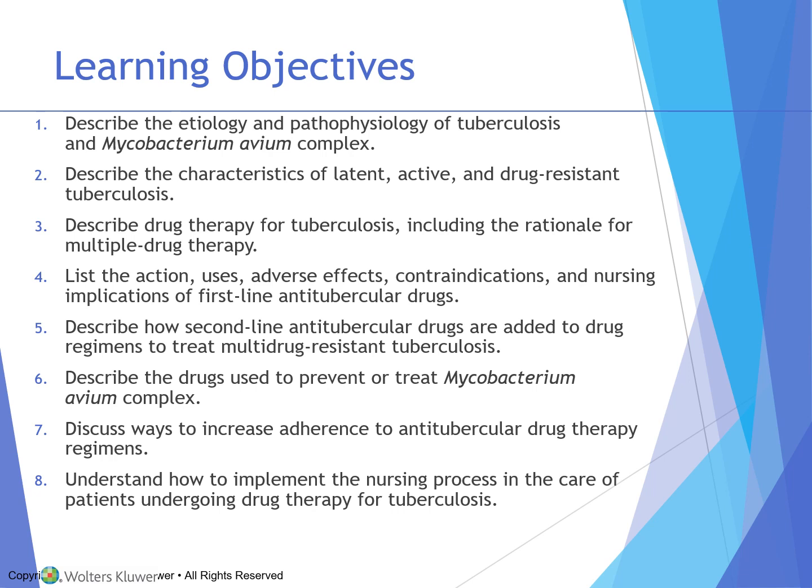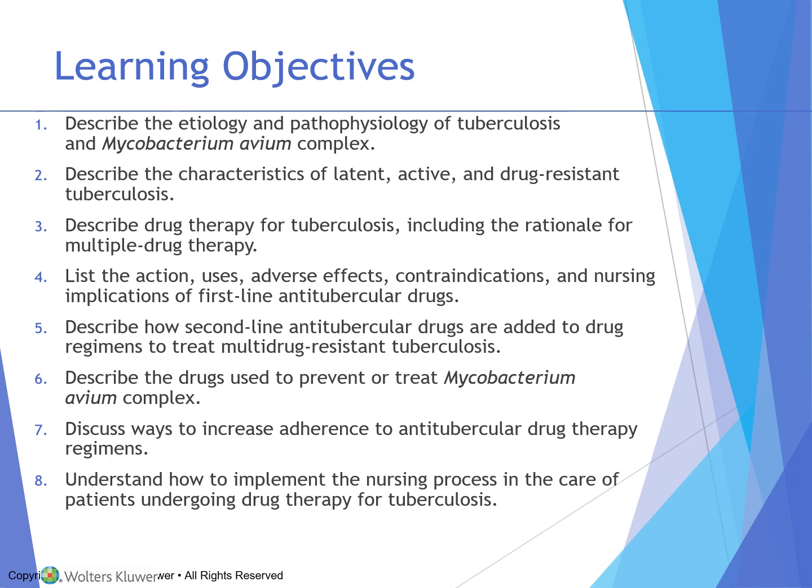And we're also going to talk about the second line anti-tubercular drugs, okay? How those are added to the drug regimens and also how they're used to treat multi-drug resistant tuberculosis. Then we're going to move into MAC or Mycobacterium avium complex and talk about the pharmacotherapy.